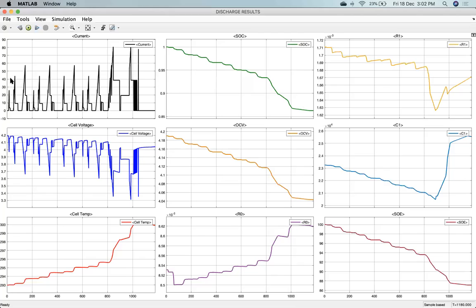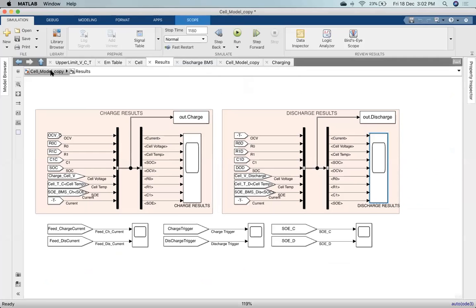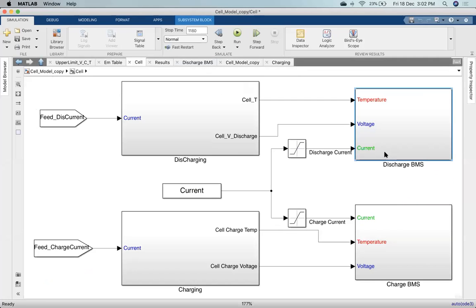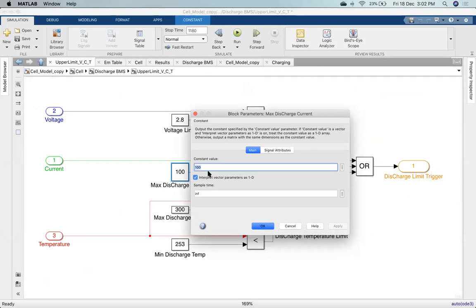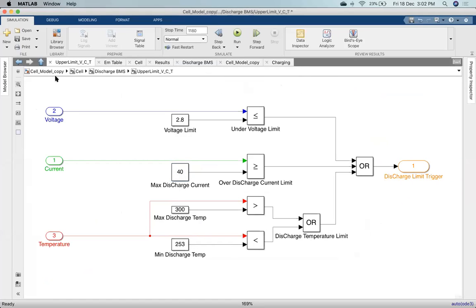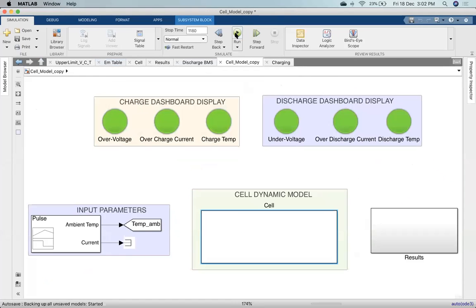So now I'll restrict it to 40. Okay, so let's see what will happen. So I'll run it.